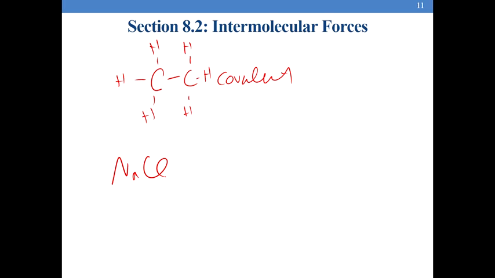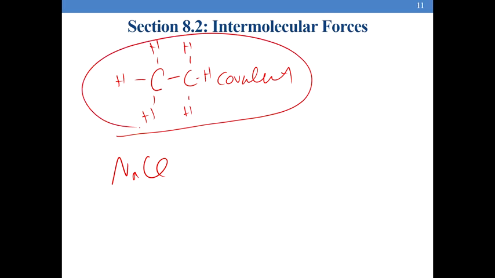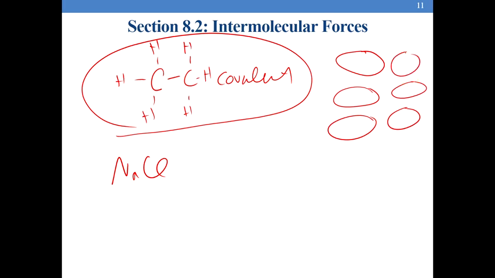What we're looking at is if I had an entire beaker full of this substance here, okay, and let's just draw it as a big sphere. If I had a beaker full of them, let's just say I've got 6, there are attractive forces. I'm going to draw sort of dotted lines between the molecules, okay? And those are the intermolecular forces, okay?